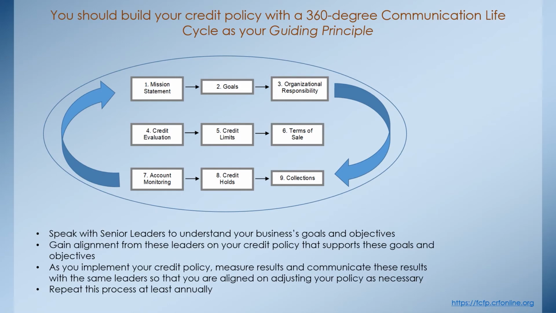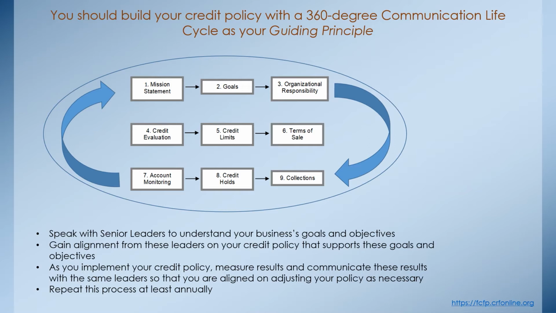And you should build your credit policy with a 360-degree communication life cycle as your guiding principle. This is important because as you build your credit policy, you should speak with senior leaders to understand your business's goals and objectives, and then gain alignment from these leaders on your credit policy so that it supports their goals and objectives.